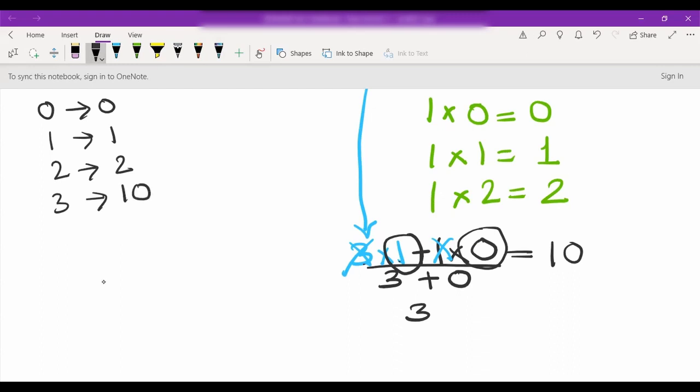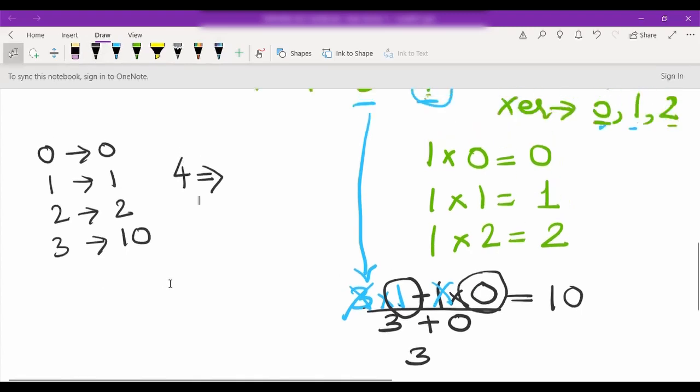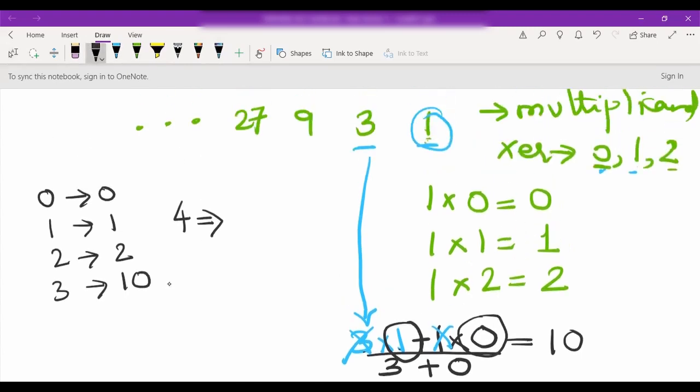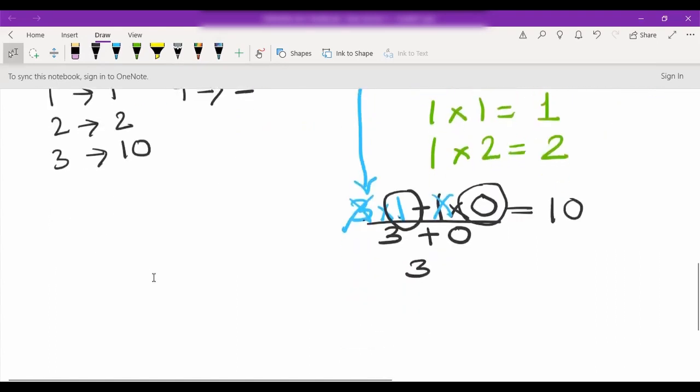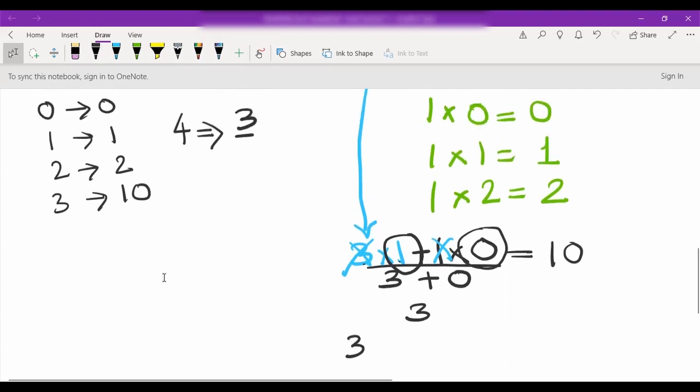Now I want number 4. For 4, I'm going to find the nearest number from the base 3 powers. We have 1, 3, 9, 27. Which is the nearest number to 4? The nearest number to 4 is 3. So I will select this bit and use this multiplicand 3. When I want to use the same number, I multiply it with 1.